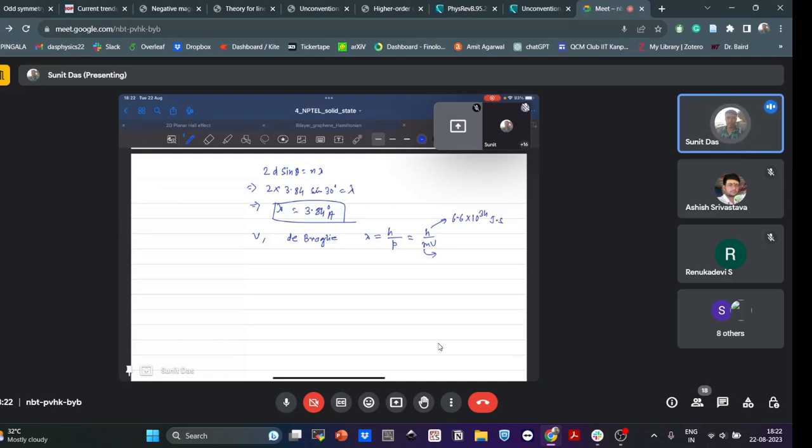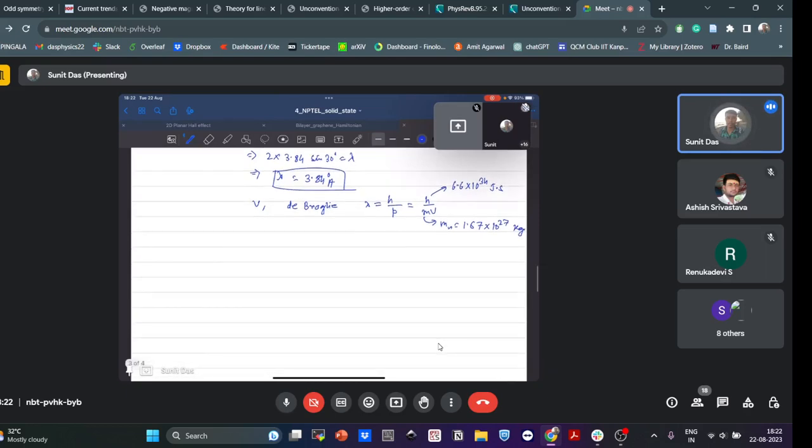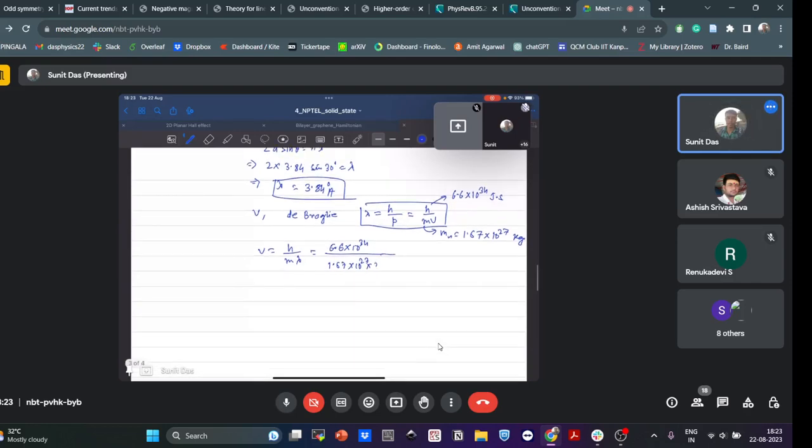The mass m of a neutron will be somewhat 1.67 into 10 to the power minus 27 kg. So from this relation we can easily find the velocity. So velocity will be h by m lambda: 6.6 into 10 to the power minus 34 by 1.67 into 10 to the power minus 27, into 3.84 into 10 to the power minus 10 meter, right? This will be in meter per second.